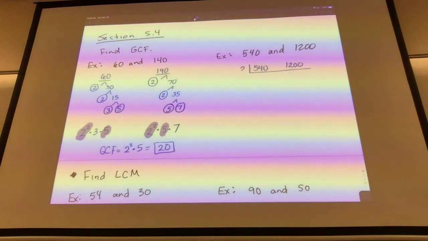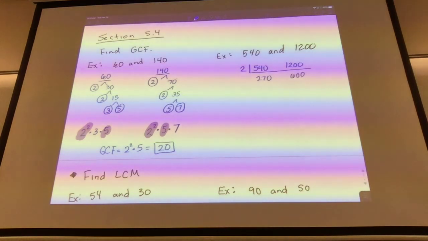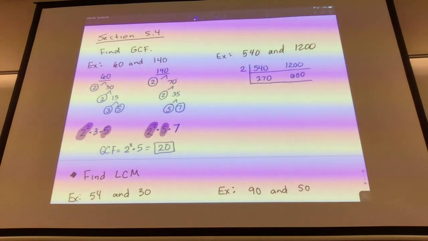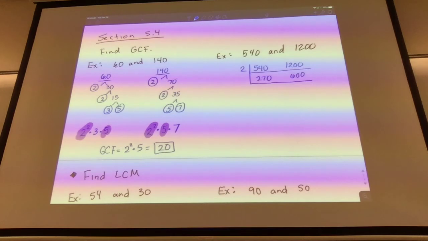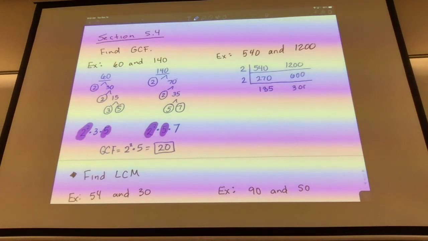A 2, right? So then when I'm dividing, 540 divided by 2 is 270. 1200 divided by 2 is 600. When I look at those numbers again, both of them end in 0, so I'm going to take another 2 out of them. Divide by 2. 270 divided by 2 is 135, and then this is 300.